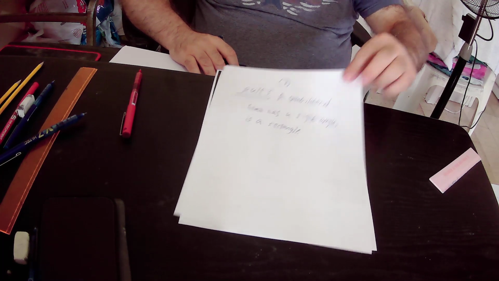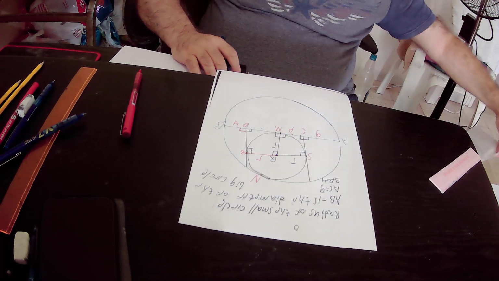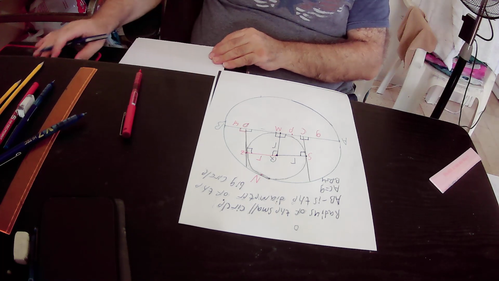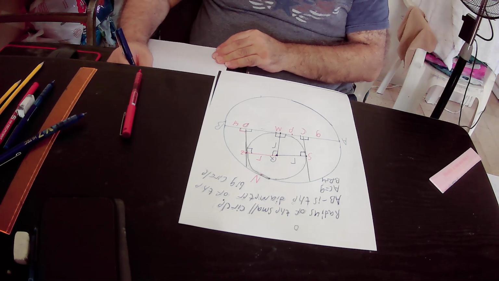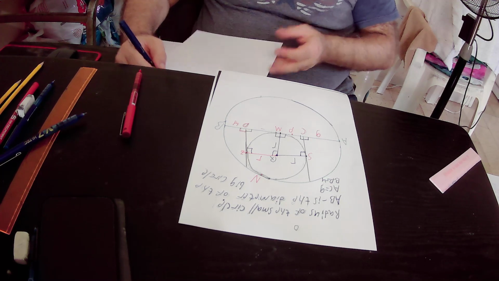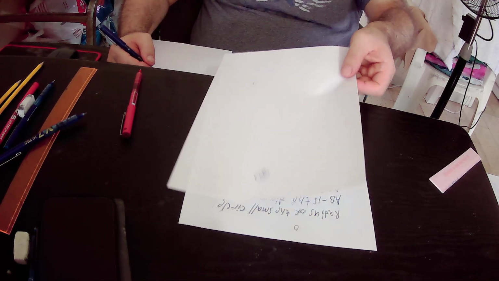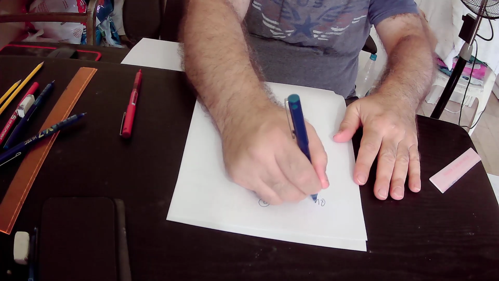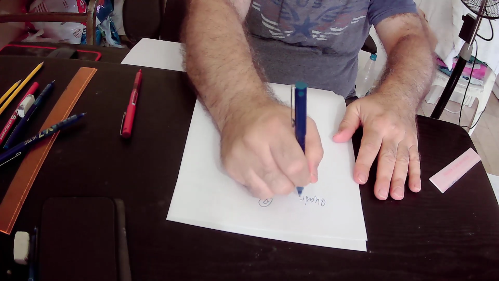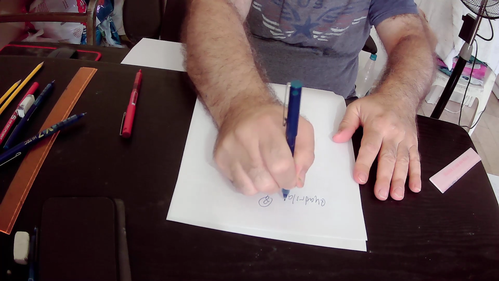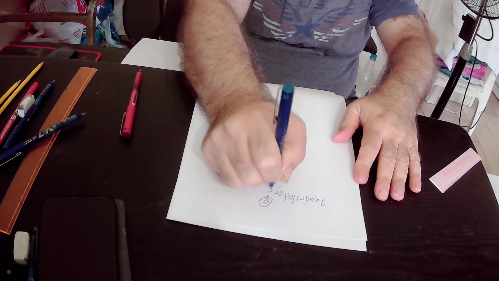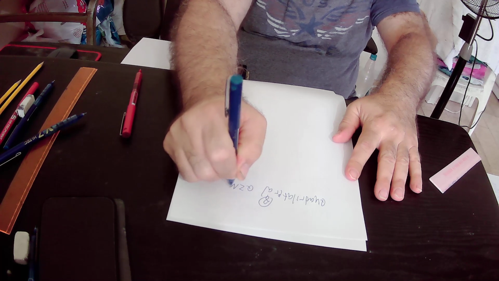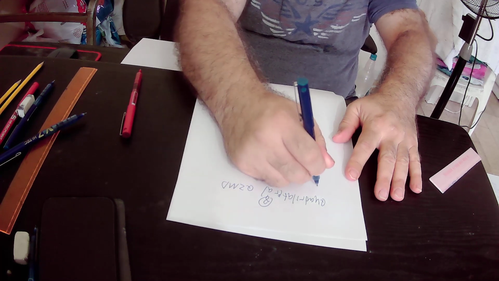So, according to rule number 3, quadrilateral QZMD is a rectangle.